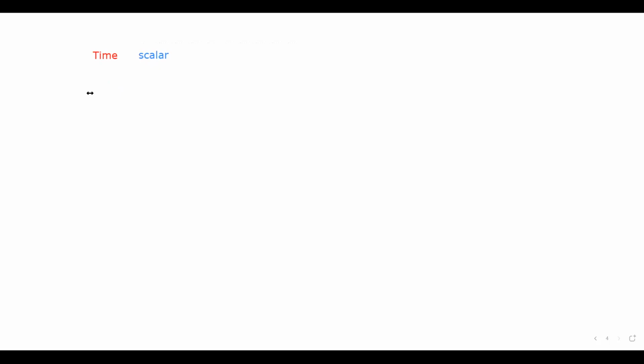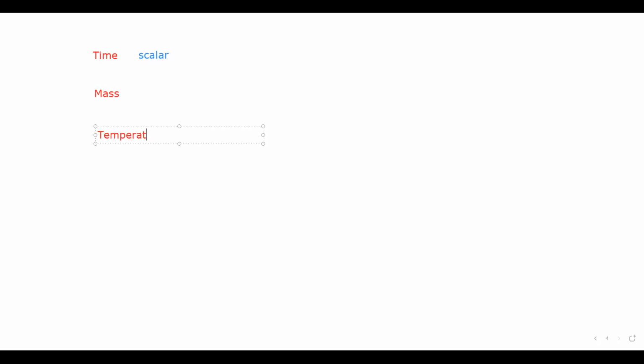Same way, if I say mass, scalar or vector? Mass of an object. Just type in front of mass whether it's a scalar or a vector.